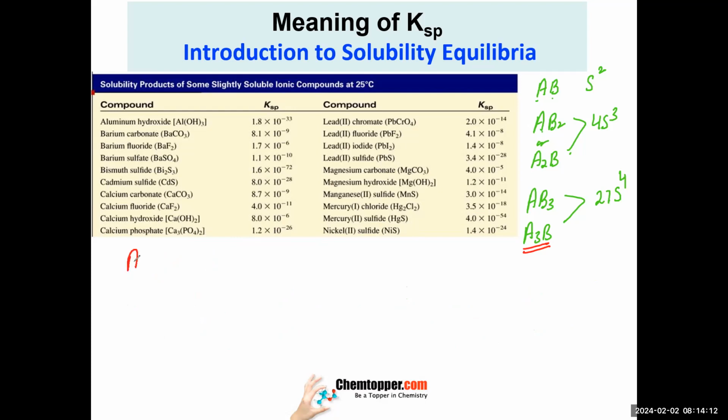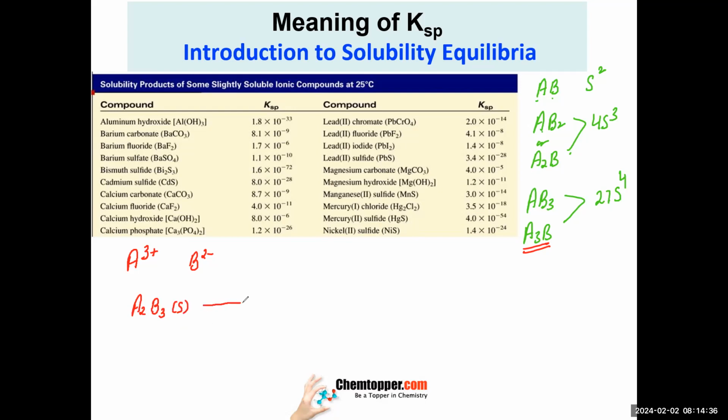There is a salt with A3 plus and B2 minus. Can you make the formula? Formula of the salt. A2B3, I have taken this solid.